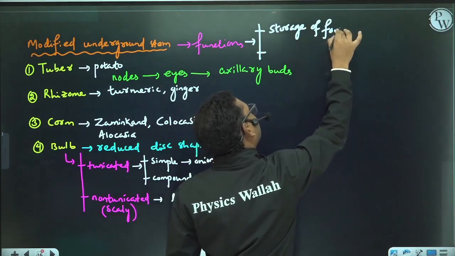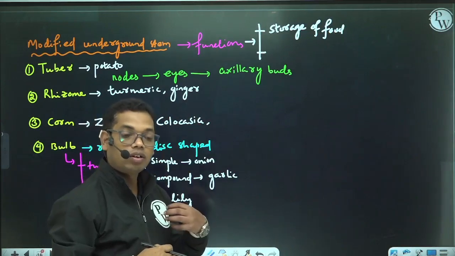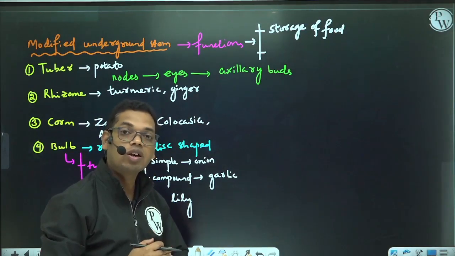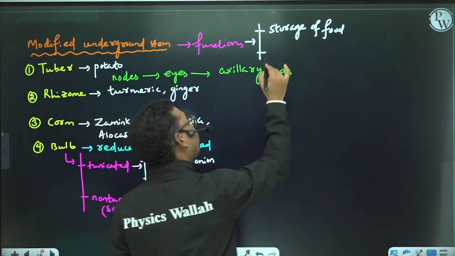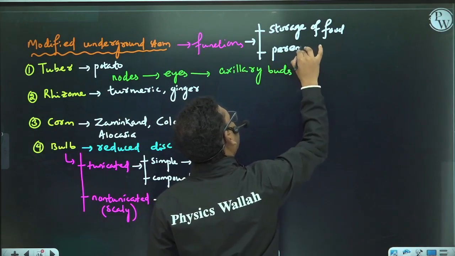And the second function is they help the plant to survive the harsh condition, and that is called perennation. So that is why I will call all these structures perennating structures. So they help in perennation.